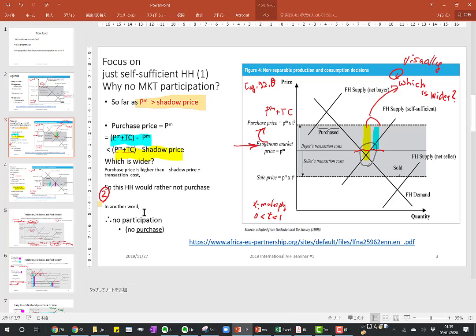So we express this situation as no market participation, which means no purchase. Technically it is called no participation. This household doesn't participate in the market.